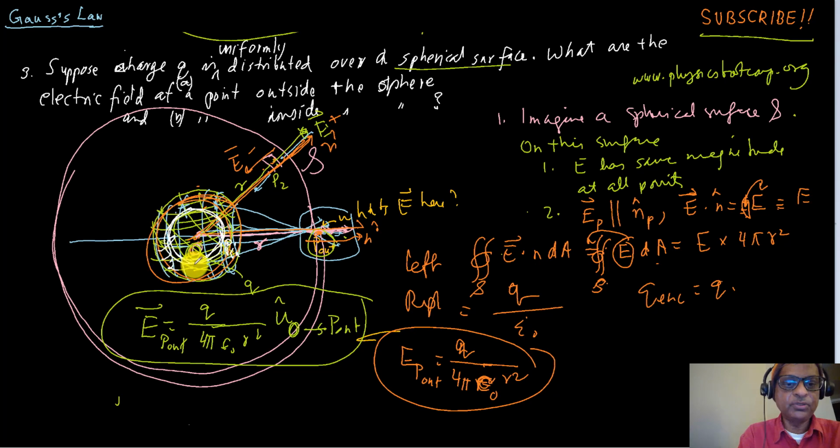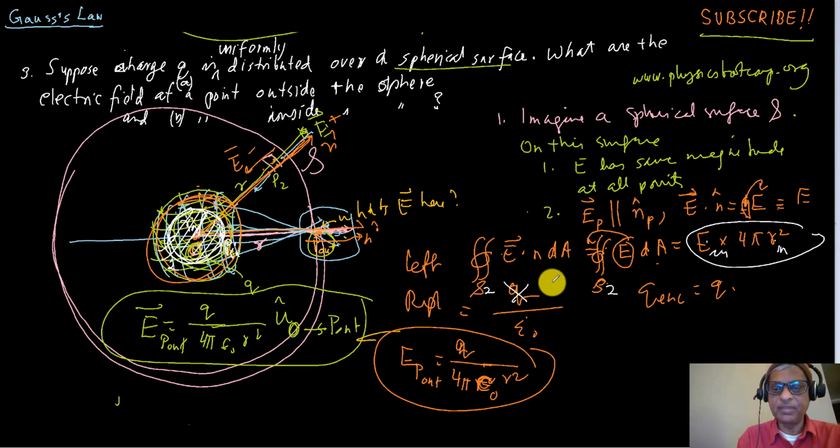And if I do an S2, from the same kind of symmetry argument, let's call this E in, and let's call this R in. So same argument, go through that, and we get this. But on the right side, what's the charge enclosed inside here? Actually, no charge is enclosed.